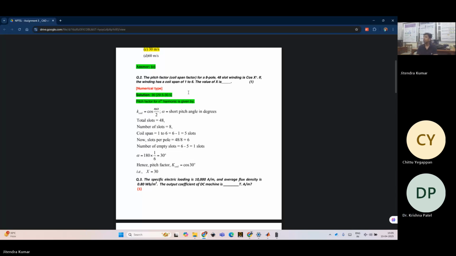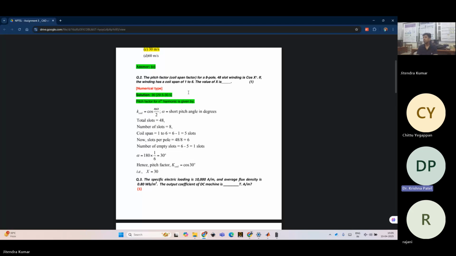Factor. It should be alpha by 2, right? And alpha here should be the short pitch angle.